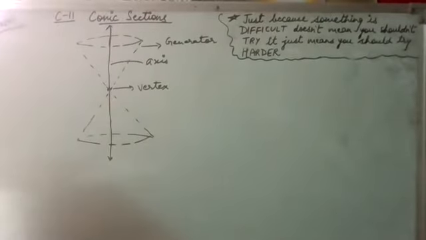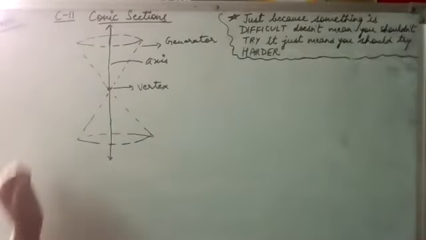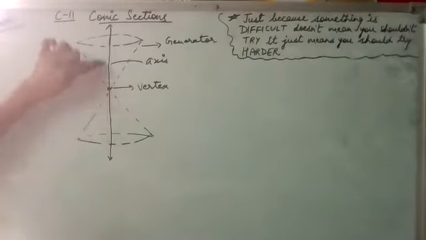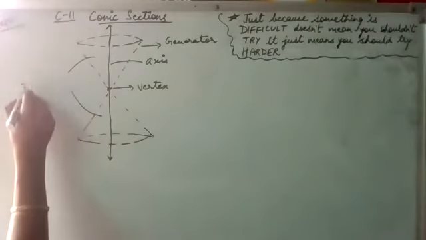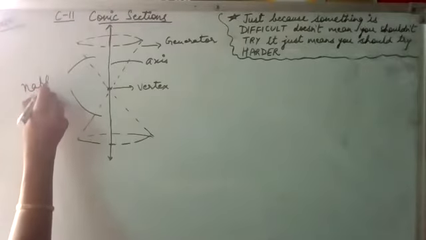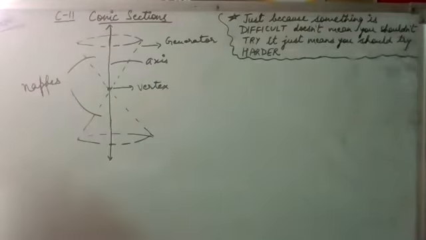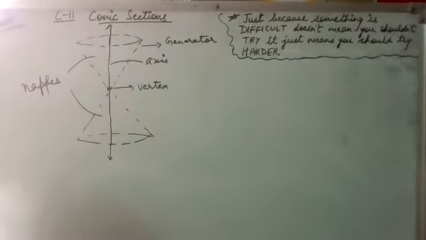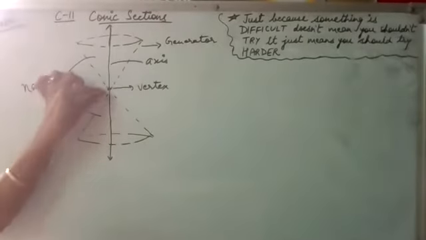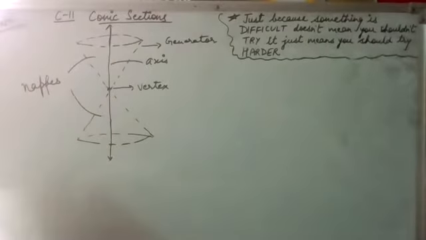Okay. So these three things we are having here, and we know we are having two cones here, and these two are termed as nappes. These are nappes of the cone. So it is a double napped cone. Two nappes are there, one is above the vertex, the other is below the vertex.